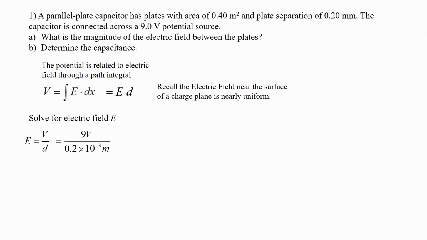And we basically plug these values into the relationship. And we arrive at a fairly large electric field. That being because the separation is tiny, 0.2 millimeters, but it's 45 times 10 to the third volts per meter. So any questions about that part before we move on to part B?